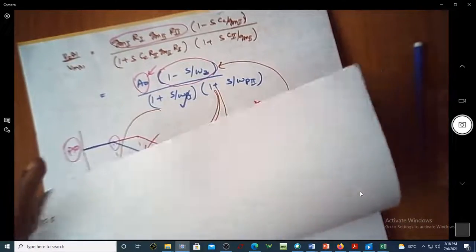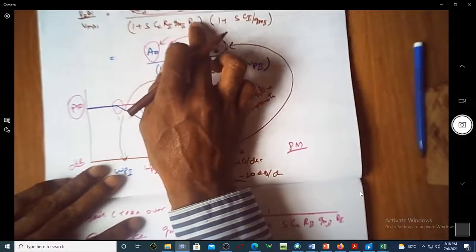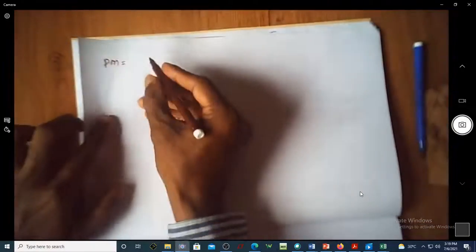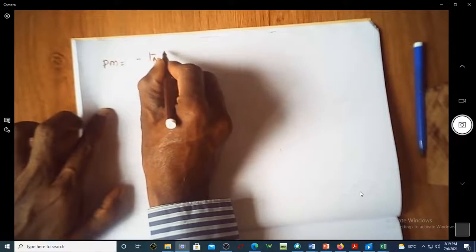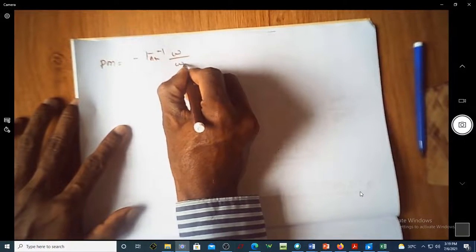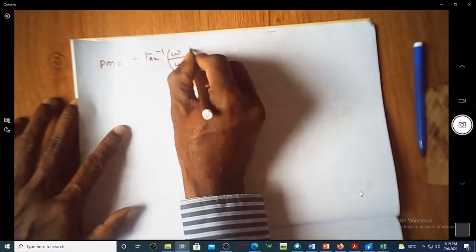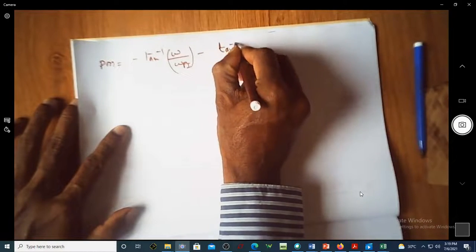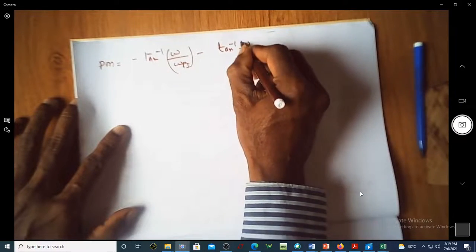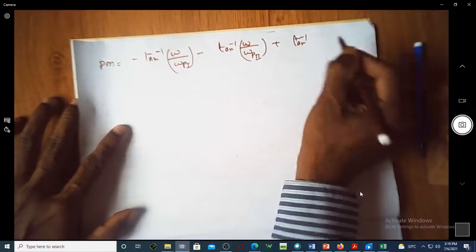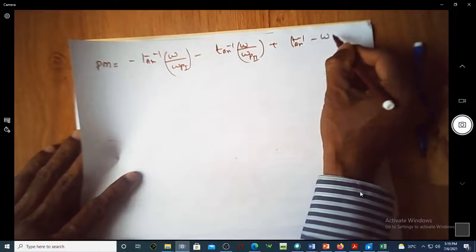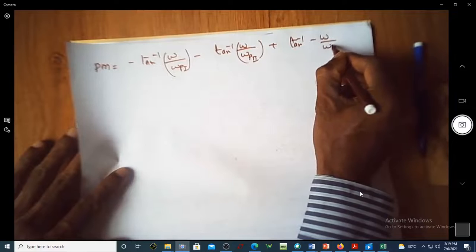So the phase contributed by all the terms is minus tan inverse of omega by omega p1, minus tan inverse of omega by omega p2, and plus tan inverse of minus omega by omega z.